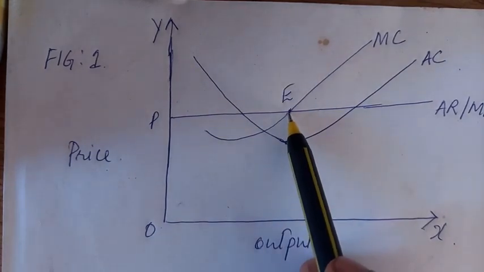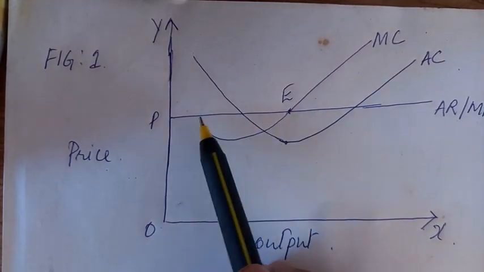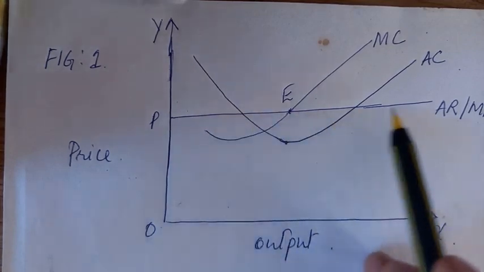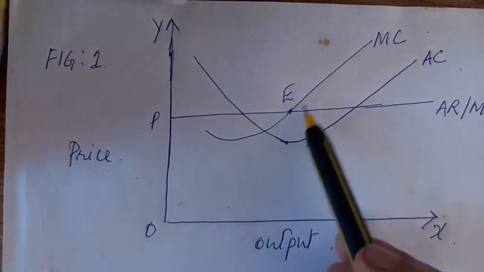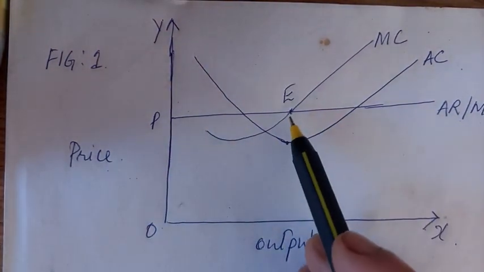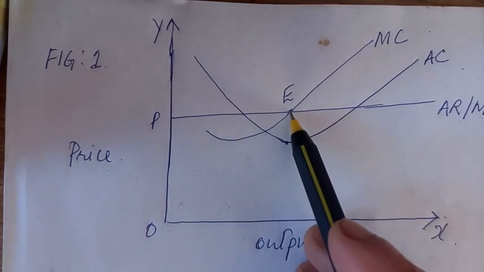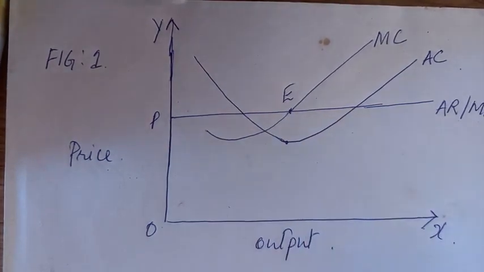These two curves, the MR curve as well as the MC curve, cut each other at point E. Therefore, they are said to be equal at point E.